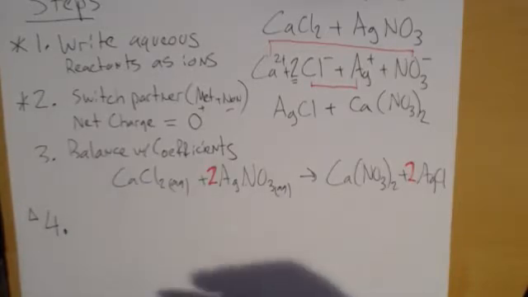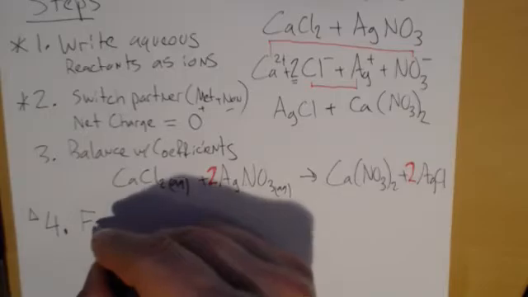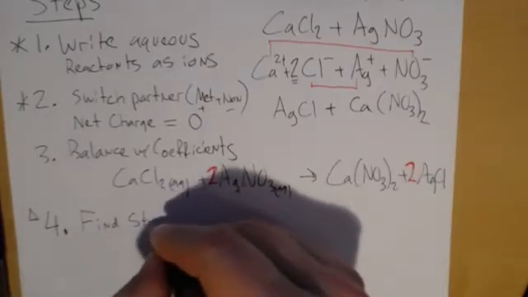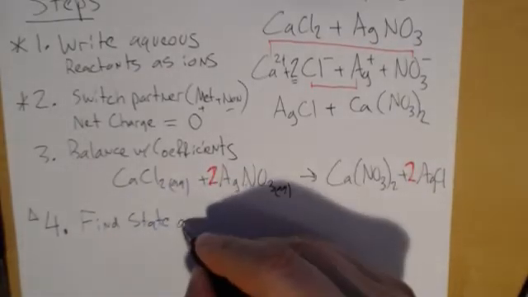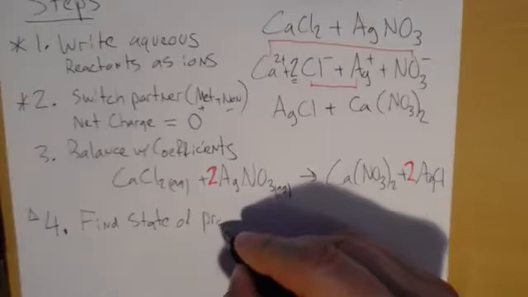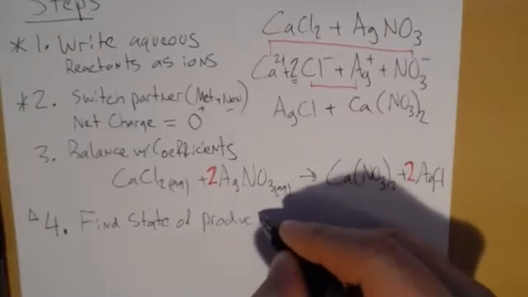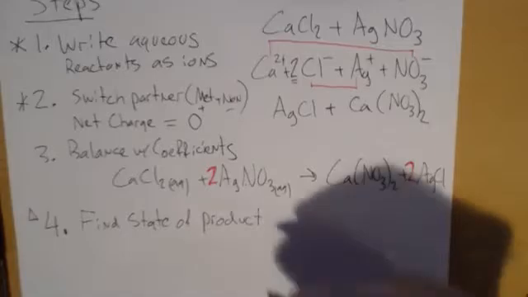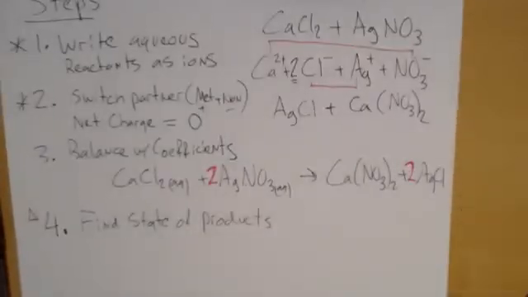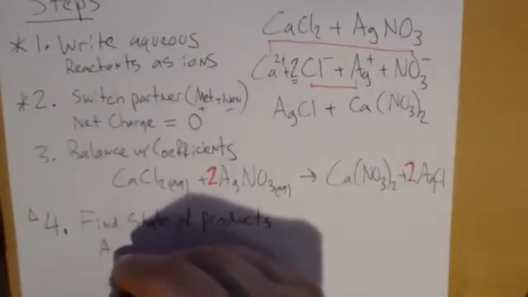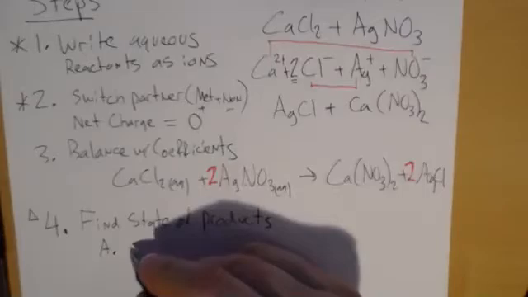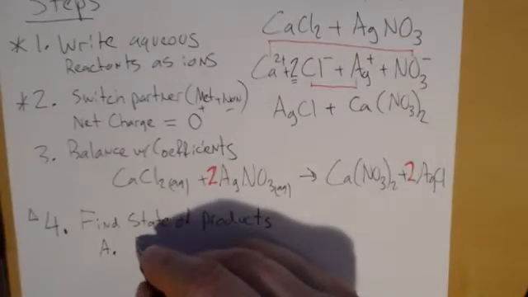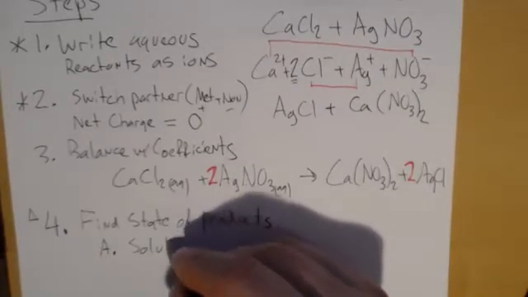And so step 4 is still the same basic idea, which is find the states of the products. But I want to introduce some ideas here. So there's actually 3 kinds of things we can do. So A, we can use a solubility table.